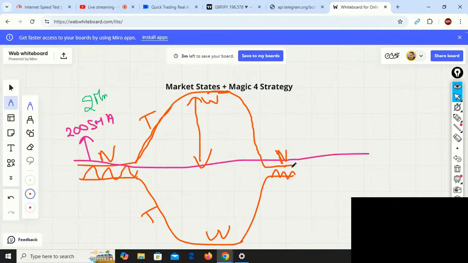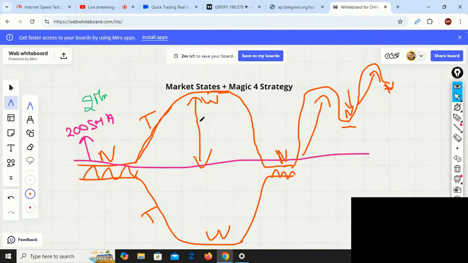If it does this wide state and comes back to a narrow state over here, and then goes back up to a wide state and makes a narrow state over here, the market is still moving in a cycle. Wide, narrow, wide, narrow. So this is what creates confusion for a lot of traders.